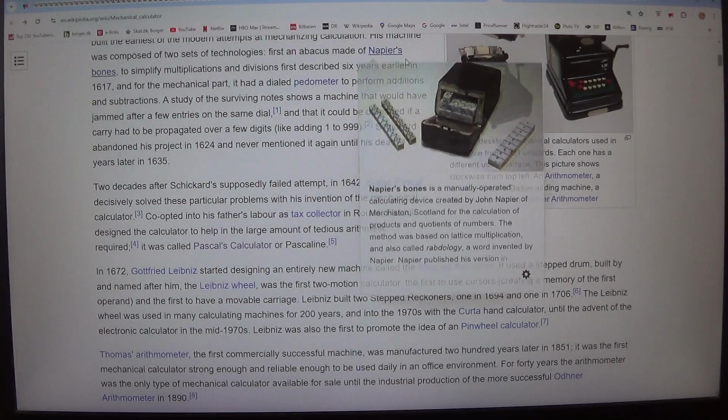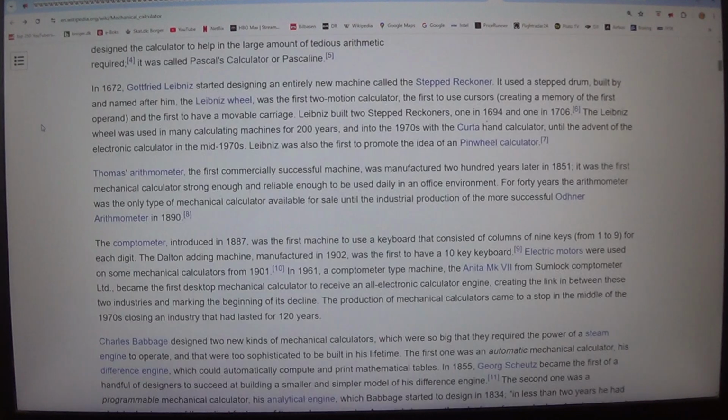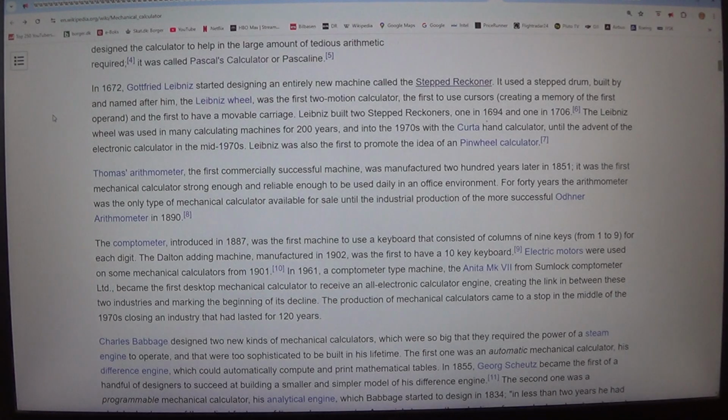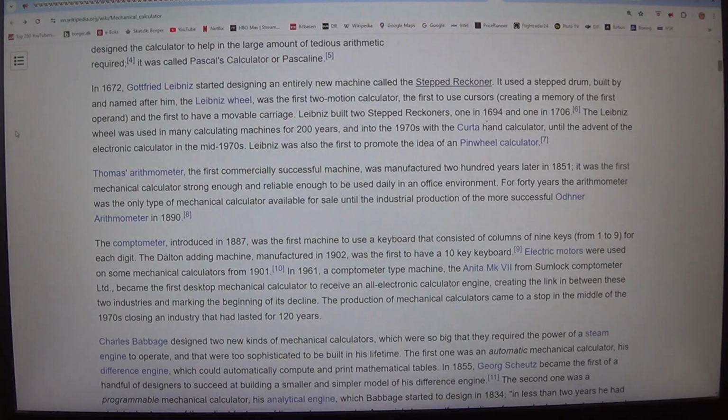In 1672, Gottfried Leibniz started designing an entirely new machine called the stepped reckoner. It used a stepped drum, built by and named after him. The Leibniz wheel was the first two-motion calculator, the first to use cursors, creating a memory of the first operand, and the first to have a movable carriage.